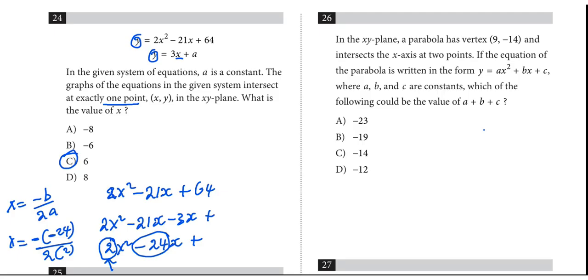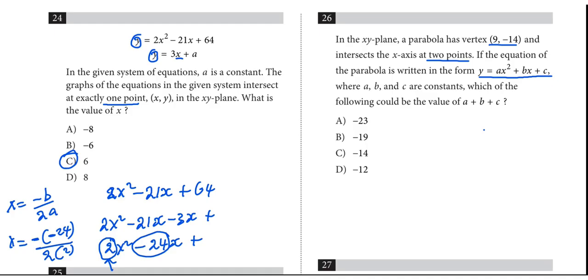All right, question 26. In the xy plane, a parabola has a vertex 9 and -14 and intersects the x-axis at 2 points. If the equation of the parabola is written in the form y equals ax squared plus bx plus c, where a, b, and c are constants, which of the following could be the value of a plus b plus c?